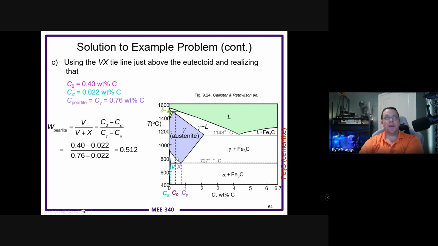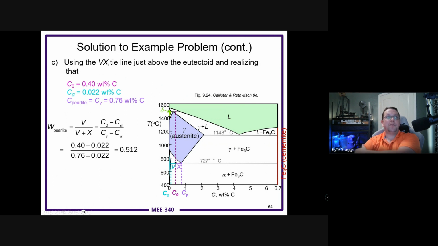So our C0 at this 0.4, remembering our alpha just barely below this point is 0.022, in order to figure out what the pearlite amount is from this particular formation. So we're using the VX tie line.